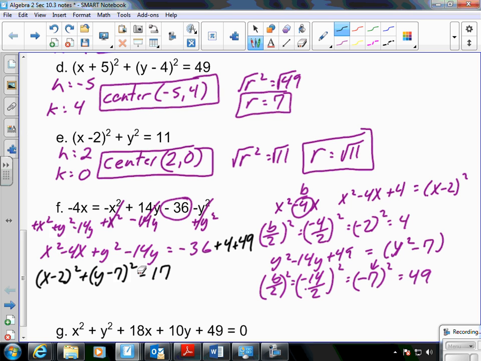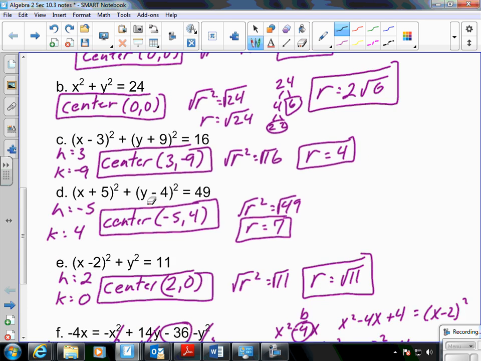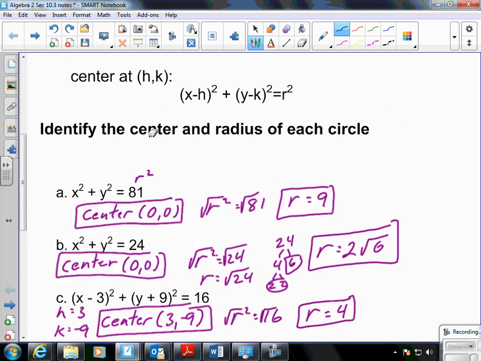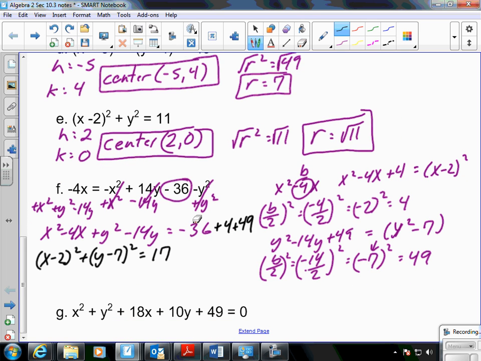So now all of that work, and we've just gotten this equation to standard form, but we're still looking to give the center and radius of the circle. So from our equation here, we get our h and k. h is going to be positive 2, k is going to be positive 7. So our center is going to be the point (2, 7).